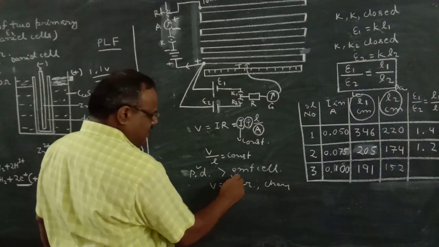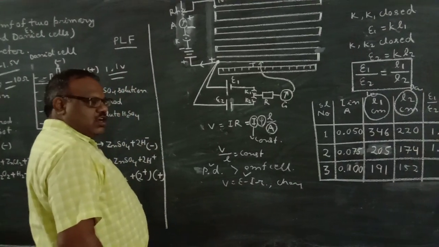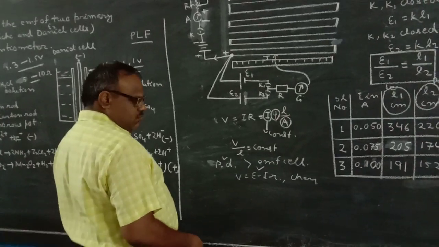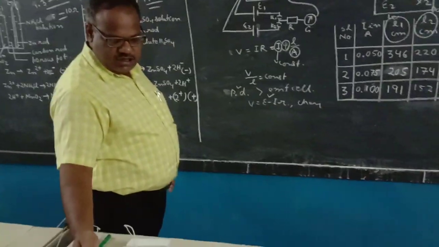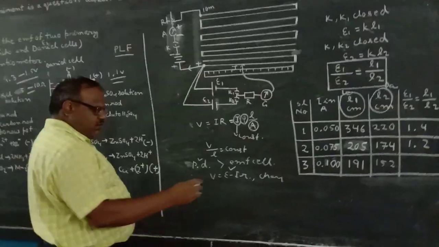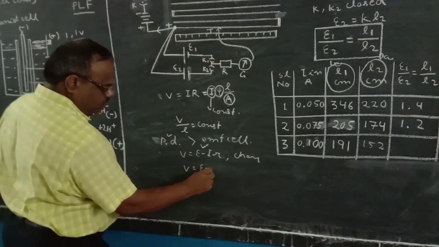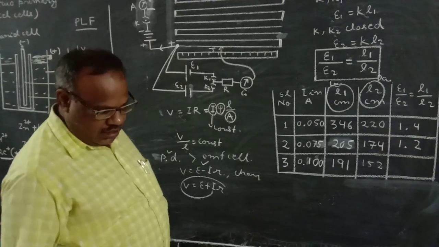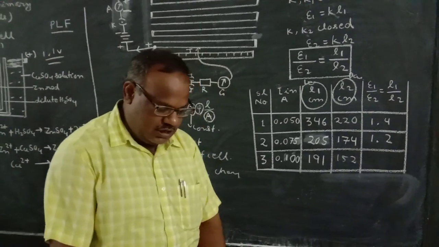This is the discharging case, where you are taking current from the cell. This cell cannot be charged, it is a primary cell. For a secondary cell, when you are charging, V is E plus Ir. So in that case, the terminal potential difference is greater than the EMF of the cell.